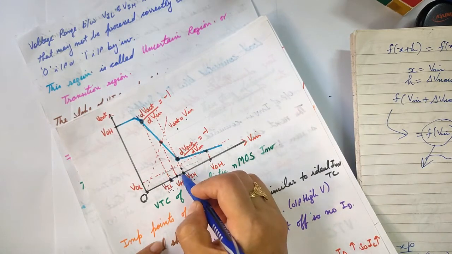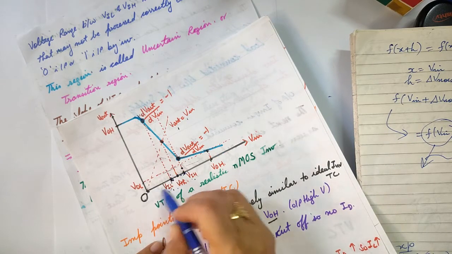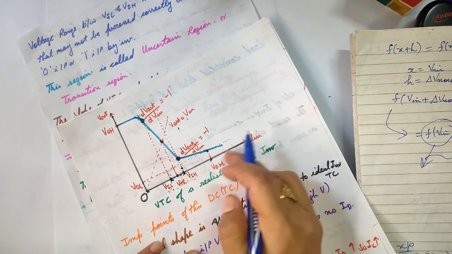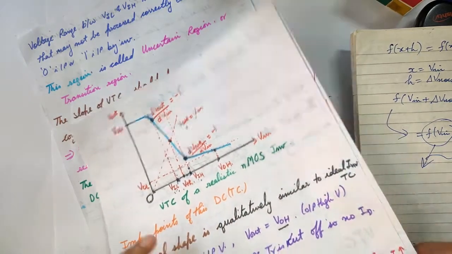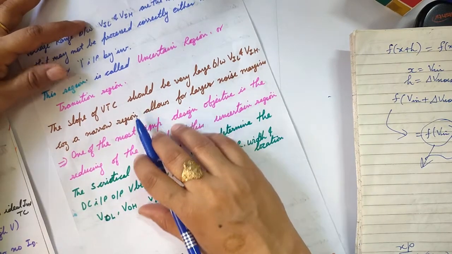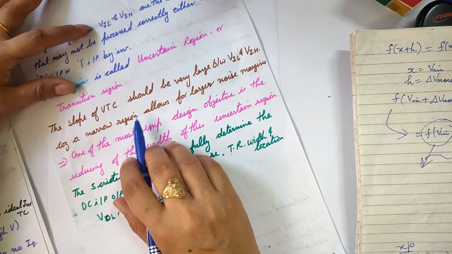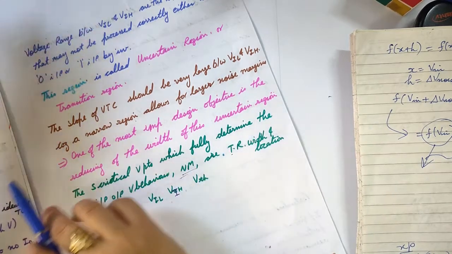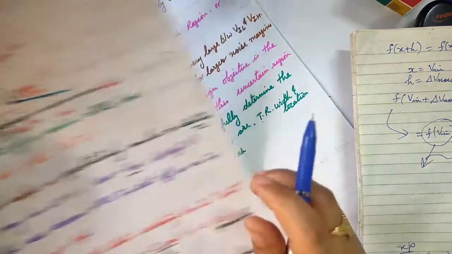In that case, this uncertain region will shrink, the range from 0 to VIL will increase, and VIH will also shift backwards, so this margin will also increase. So what we want to say is that if the slope of this VTC becomes large between VIL and VIH, then the region becomes narrow, and it has a larger noise margin because VIL shifts this side and VIH comes backwards.